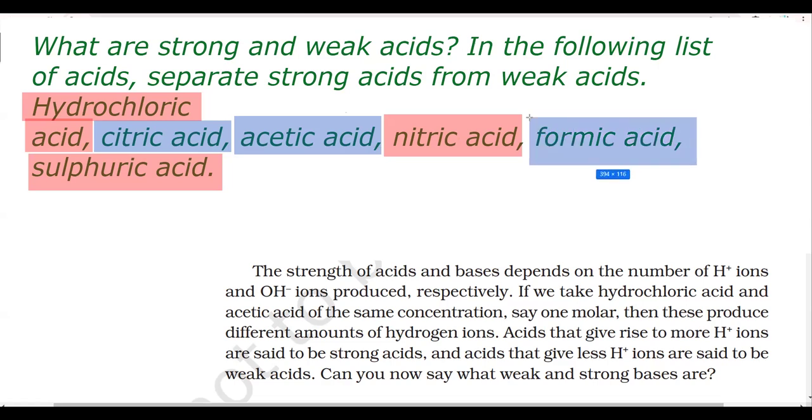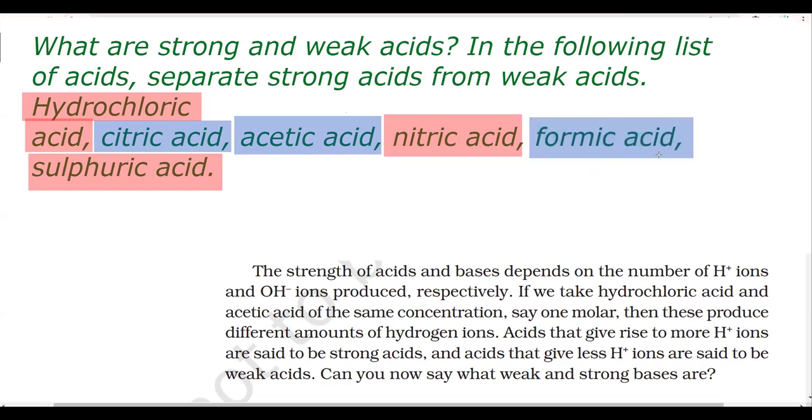Formic acid is found in ant stings, and it gives us a burning sensation when they inject this acid, like when an insect, an ant, or maybe bees, bite. So when they bite, they inject this formic acid, and it causes a burn.